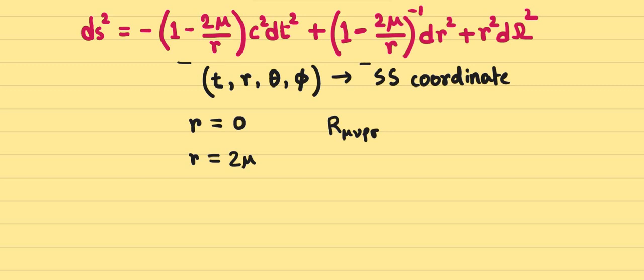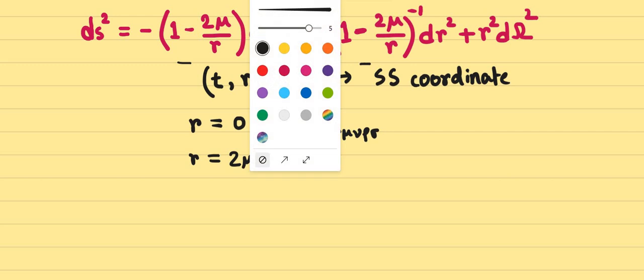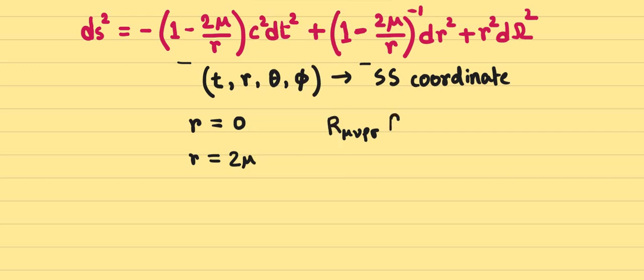And that is done by determining the curvature scalars. Now there are lots of curvature scalars, but one in particular in this case comes very handy, which is something called the Kretschmann scalar.